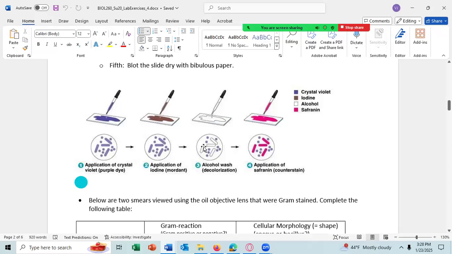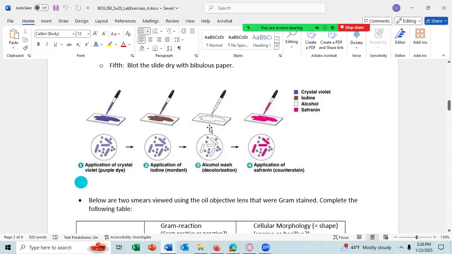You then apply the decolorizer, and you have to be very careful about it so that you decolorize only long enough to pull the crystal violet iodine complex out of the gram-negative cells, but short enough so you don't pull it out of the gram-positive cells. If you don't do it long enough, you won't remove all the crystal violet iodine out of the gram-negative. And if you do it too long, you will remove it from the gram-positive cells.